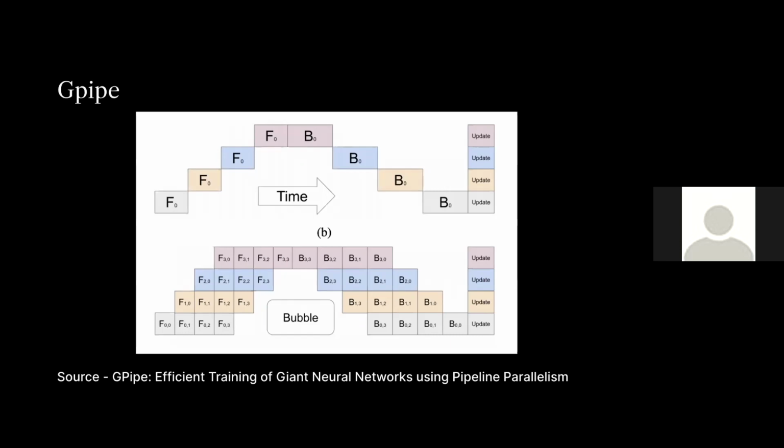The diagram on the top describes naive model parallelism, and the bottom one describes GPipe. For naive model parallelism, imagine you have a batch size of 32. The F0 here will try to finish the whole job of the 32 batch size, and the rest of the devices will be idle waiting for the first device to be done.